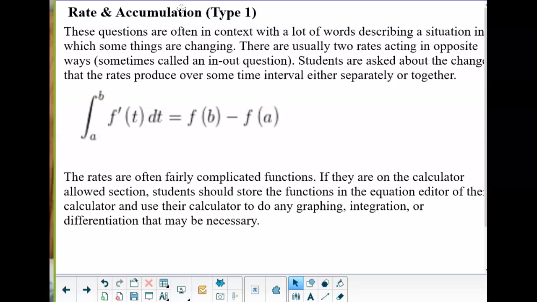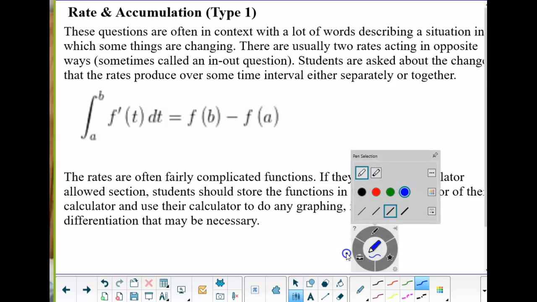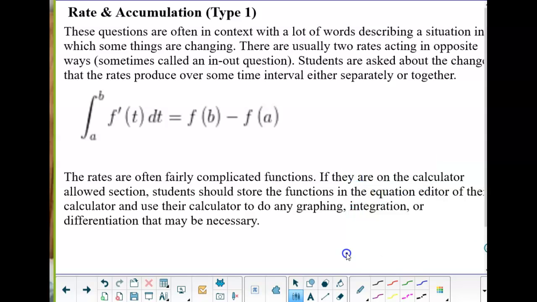Students are asked about the change produced by these rates over time, either separately or together. That's what we're going to see here today. To be honest, it all revolves around the fundamental theorem of calculus. So here's a nice review: if I take the integral of a rate, remember this is accumulation, what's left over is your total amount.